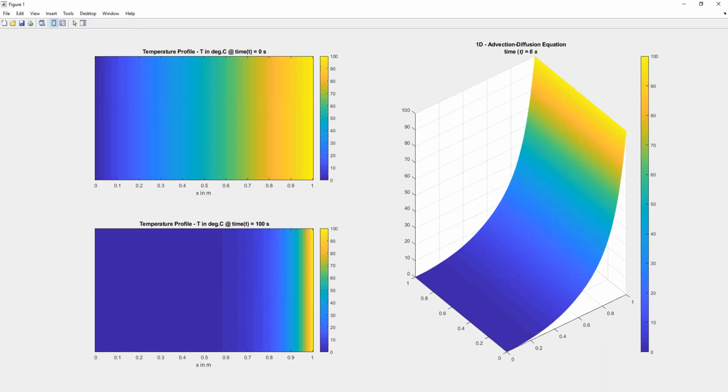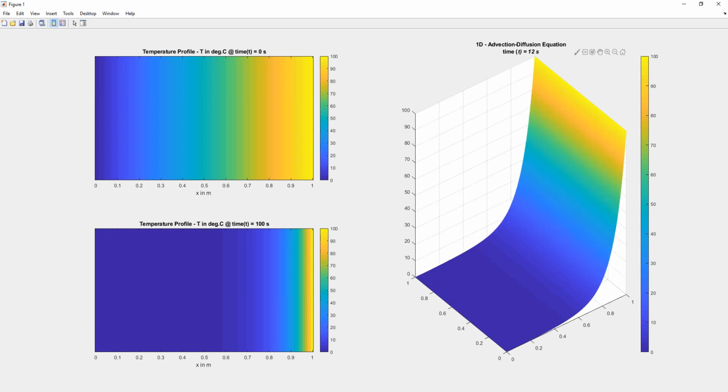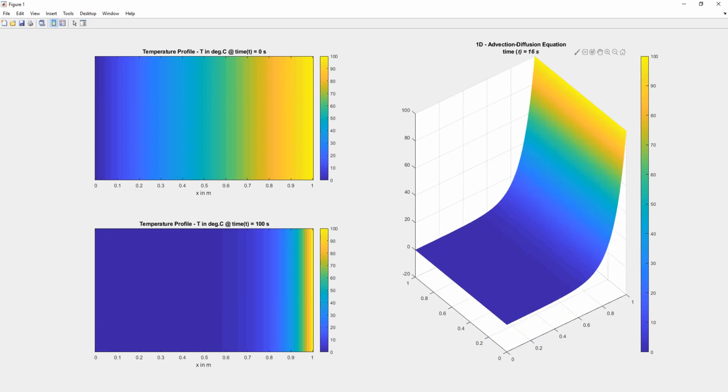So here at the top left hand side we have the temperature at the initial condition when time equals 0 second. At the bottom left hand portion we have the final condition when time equals 100 seconds, and at the right hand side we can see the variation of the temperatures with time.